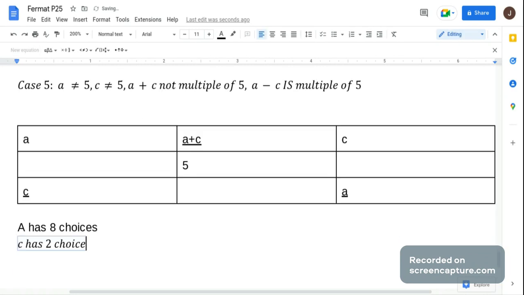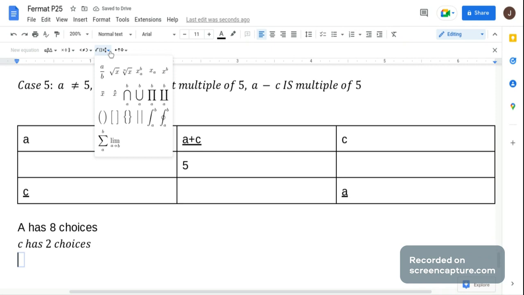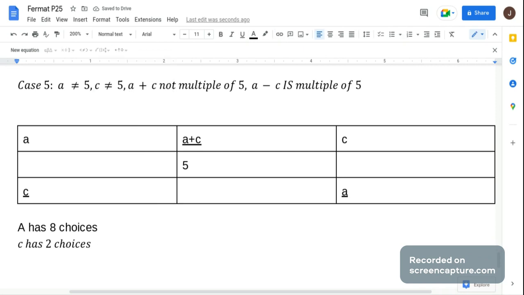C has 2 choices. A and C also have 2 choices.